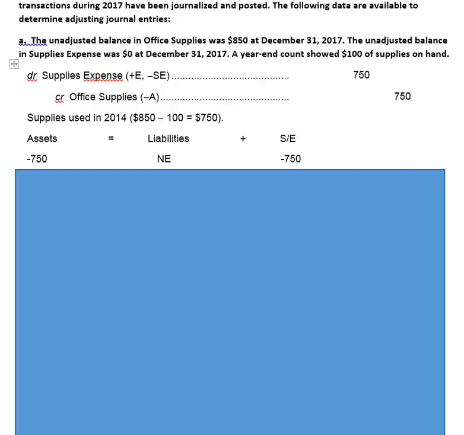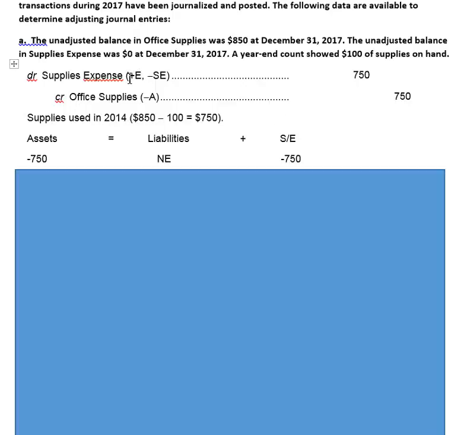You can see here, when we look at assets equals liabilities plus shareholders' equity, that the balance sheet equation, or the accounting equation, is still in balance. We've got our assets going down by $750, which you can see here. No effect on liabilities, because neither the expense nor the office supplies account are liabilities. But you can see your shareholders' equity is going down by $750 because your expense is going up.